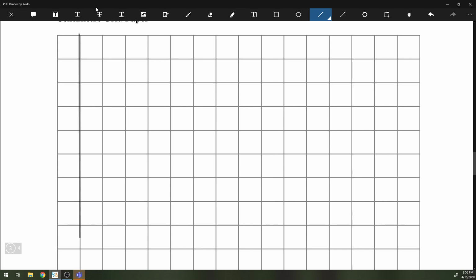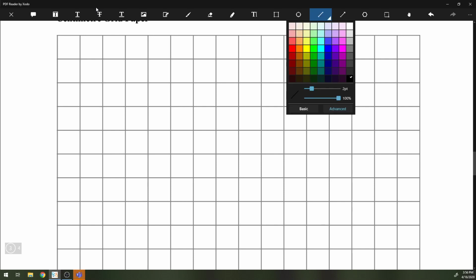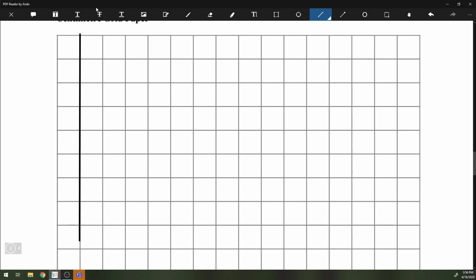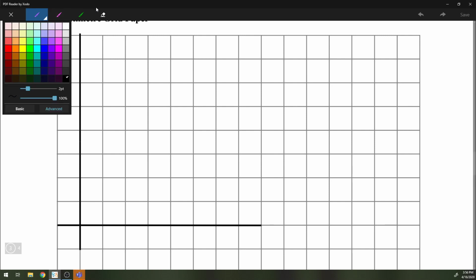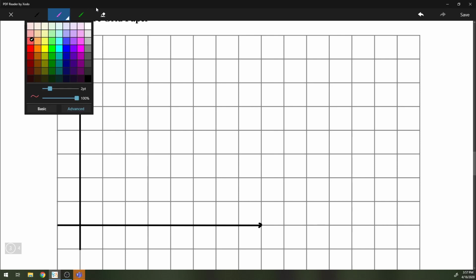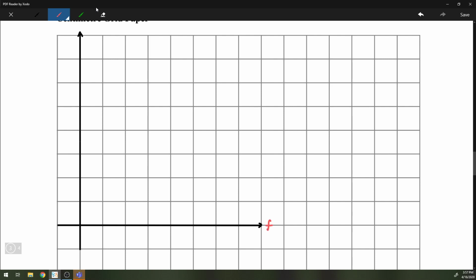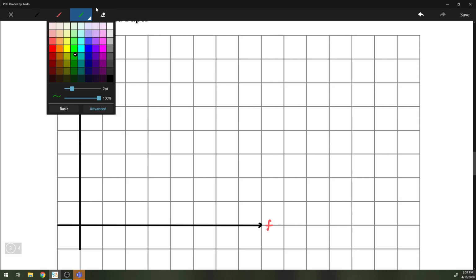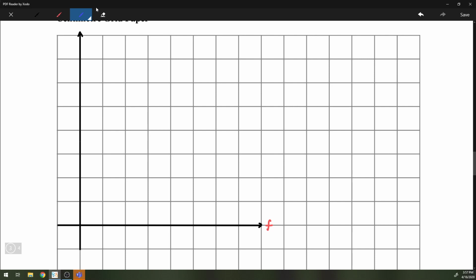We have a line this way, a vertical axis and then a horizontal axis, of course. Gonna draw some arrows in. There we go. Now the x-axis will be the figure number, so that will be f, and the y-axis will be the number of squares, which is s.